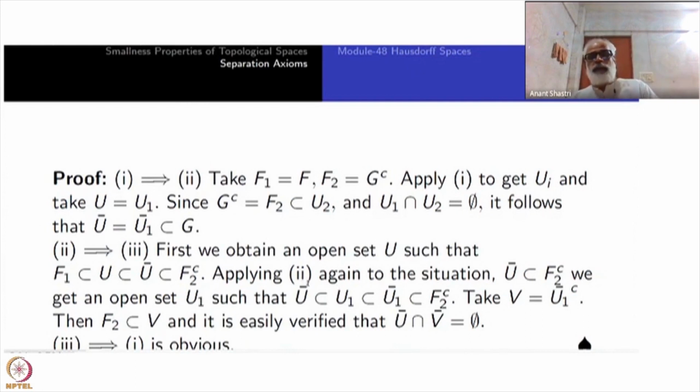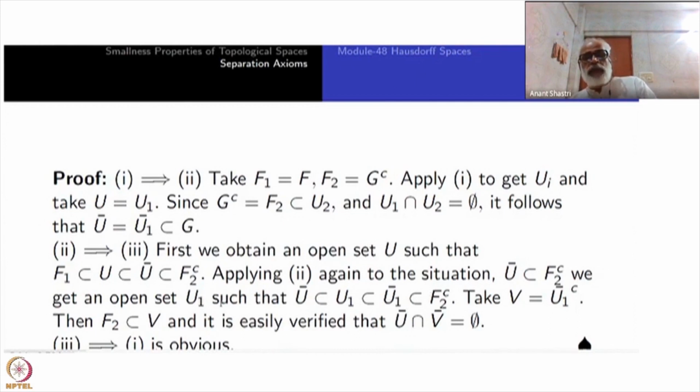Apply 2 again to this situation, namely with U bar contained inside F2 complement. In between these two, you can put one more open set. We get an open set U1 such that U bar is contained inside U1, contained inside U1 bar, contained inside F2 complement.